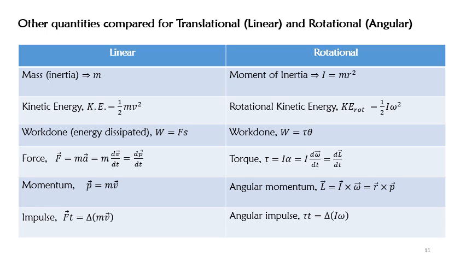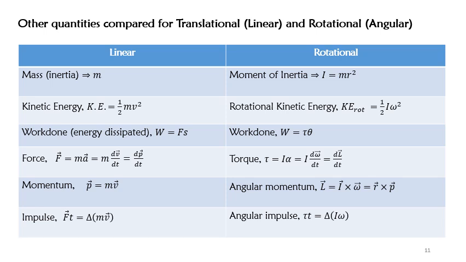Comparing the quantities, linear and rotational, so I can easily get used to them. The equivalent of mass in linear motion, in rotational motion, is moment of inertia. Linear motion kinetic energy is half mv squared. We replace m with moment of inertia and v with omega. Linear velocity, angular velocity. Do you get it? Force, replace with torque, and s, replace with theta.